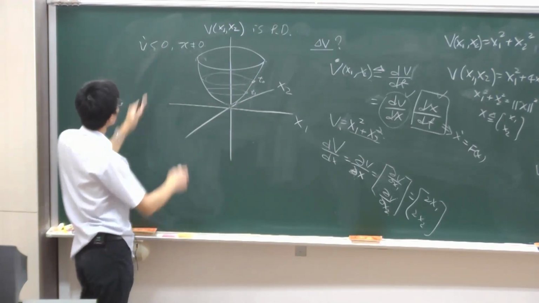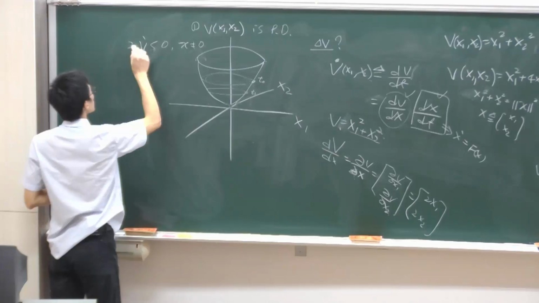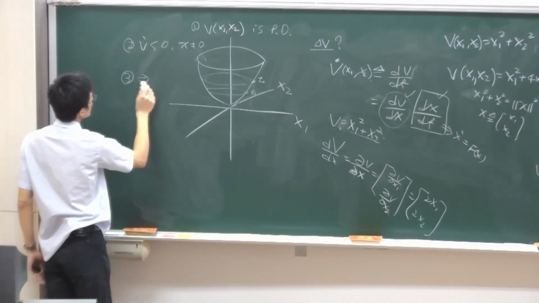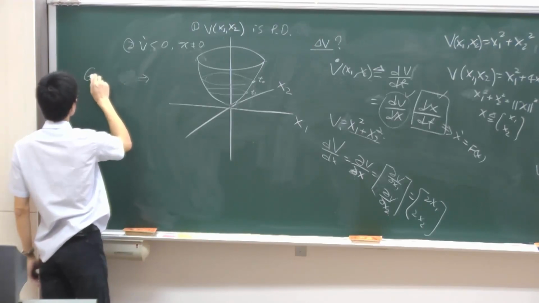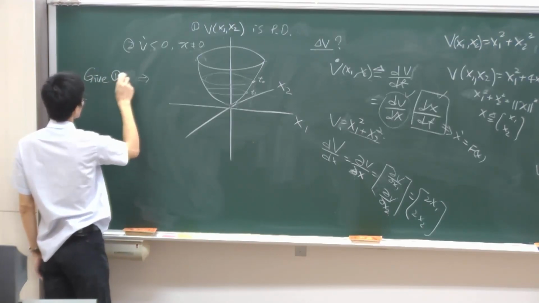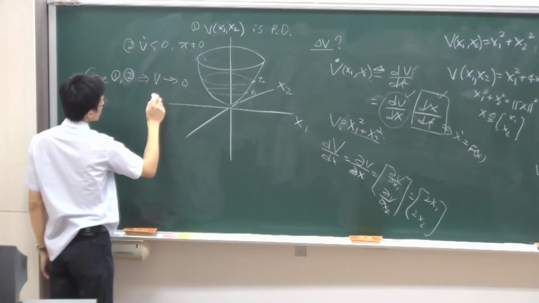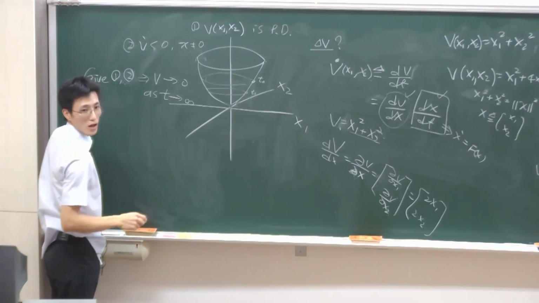Then you can say, given these two conditions, V will reach 0 as t goes to infinity. 对不对?